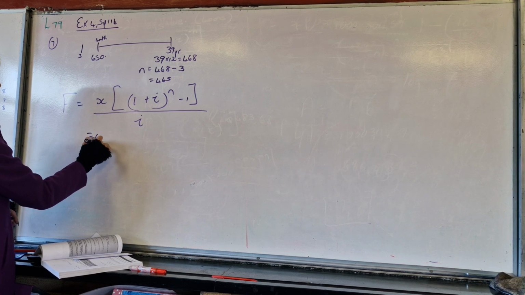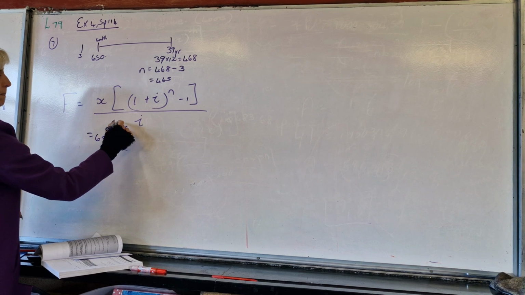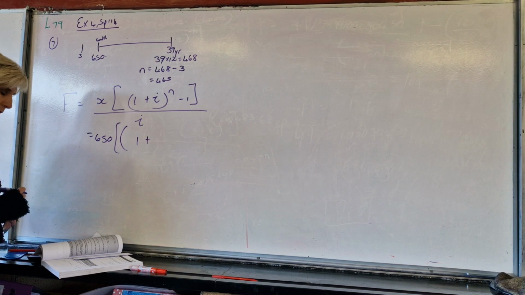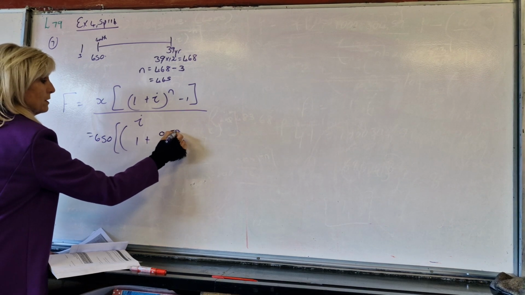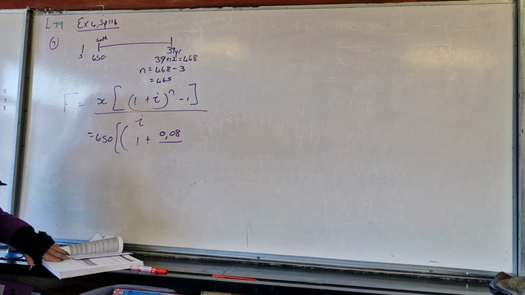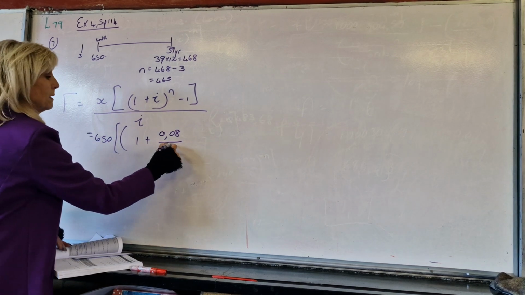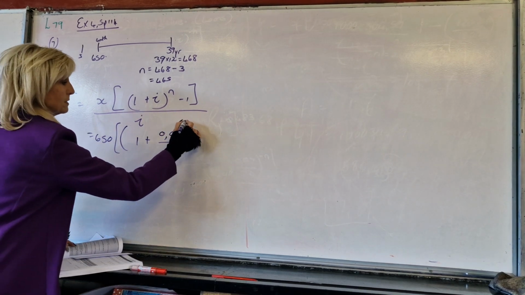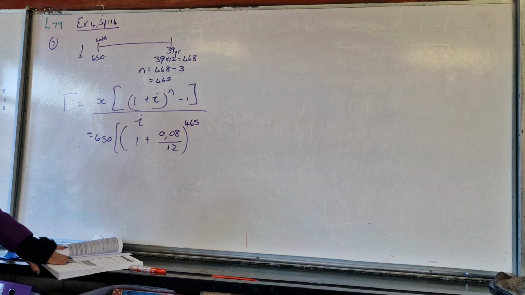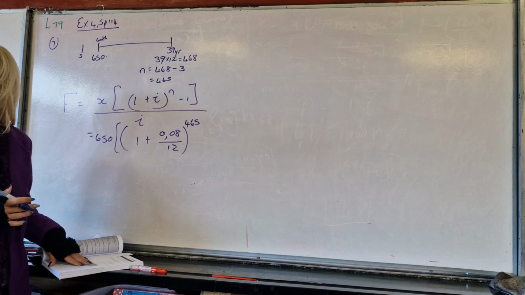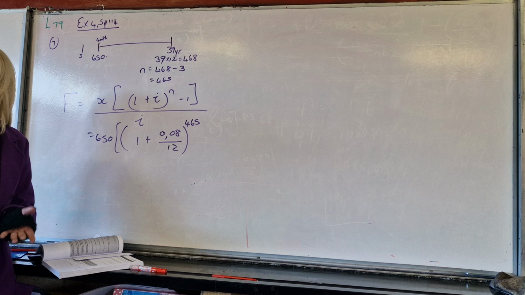Your 650 that you've been paying in, your interest rate they said was 8%. So it's 0.08 divided by 12, please, not 0.8, that's 80% interest monthly. And now here comes the story. Do I write 465? Do I write 468? Do some kids write 464? That's going to be the possible mistake.